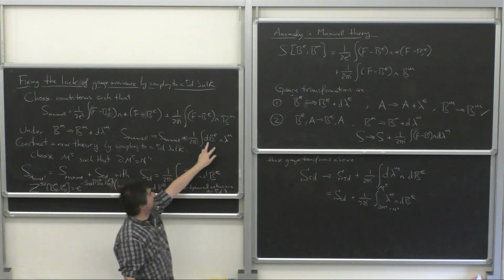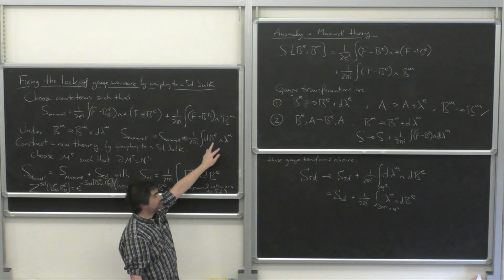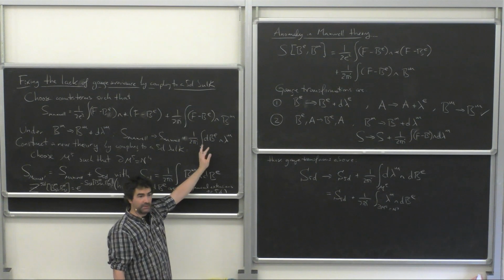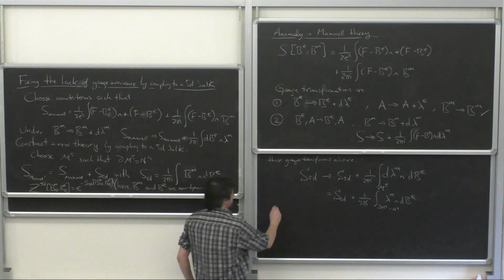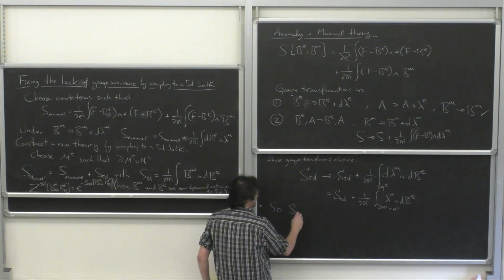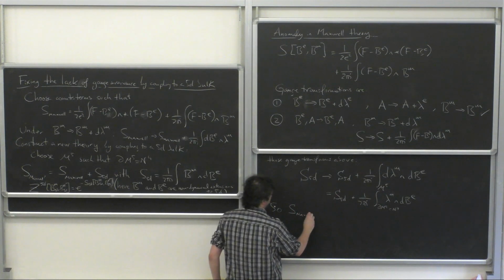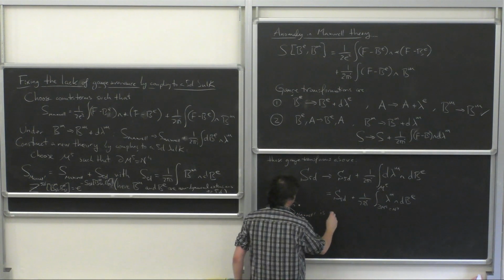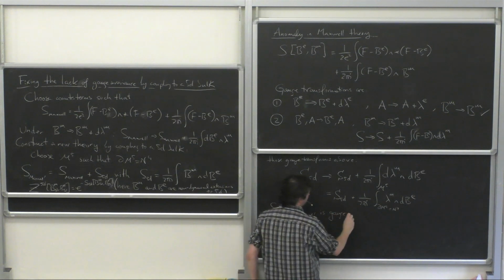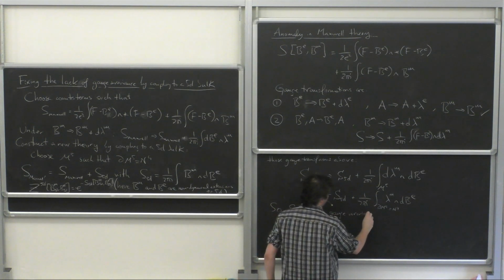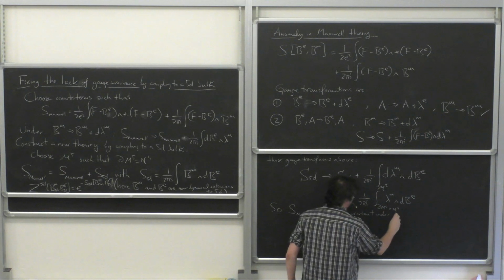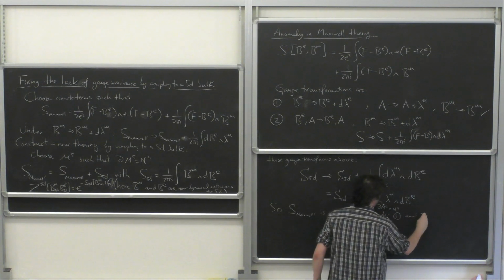Remember that these two things are odd degrees, so they get a minus sign when you change the order. So S_Maxwell prime is gauge invariant under 1 and 2.